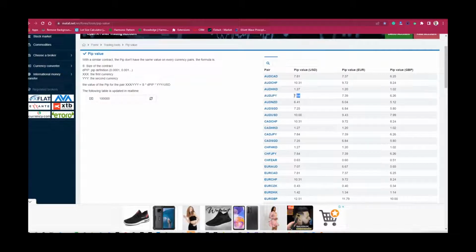They will be the same thing, 7.84. See this one too, 7.84 JPY, and CHF JPY 7.84. So that is where you get the pip value of any currency pair you want to trade, in case you want to do those calculations. That's how the market does all those calculations.